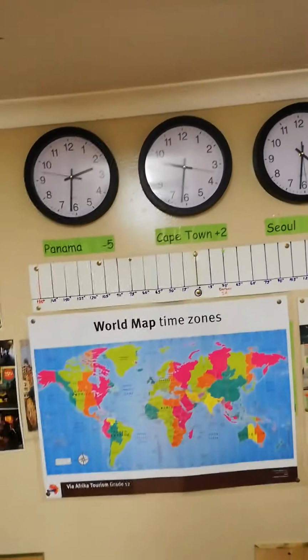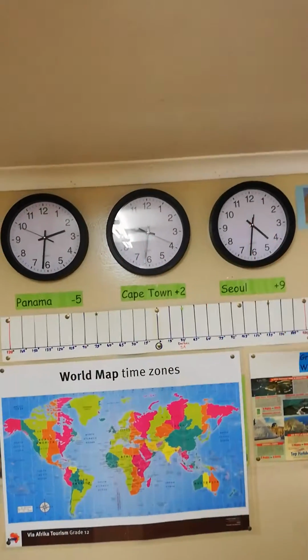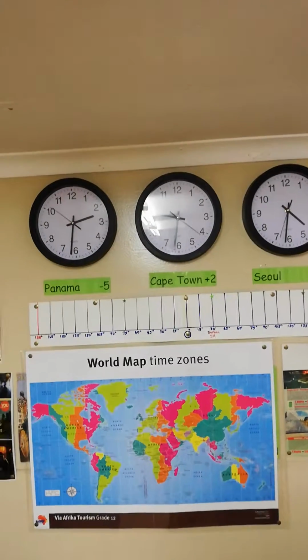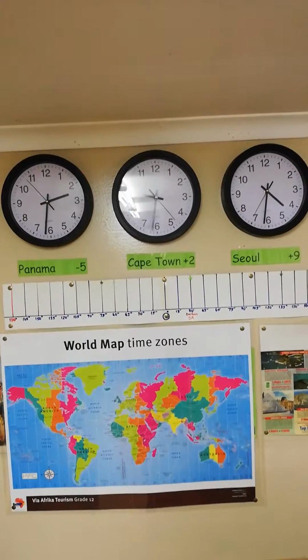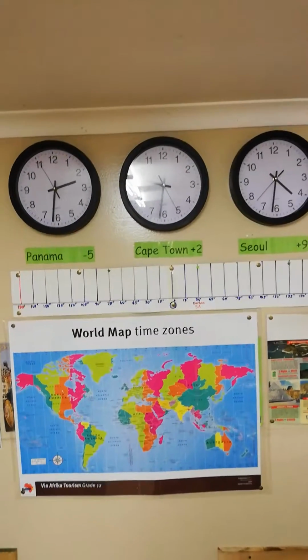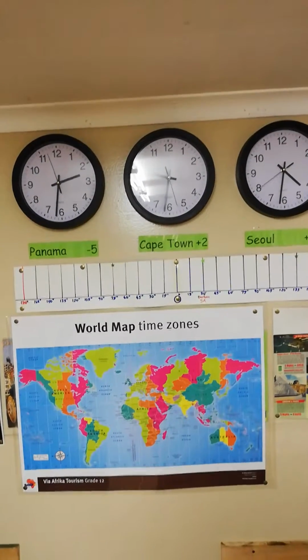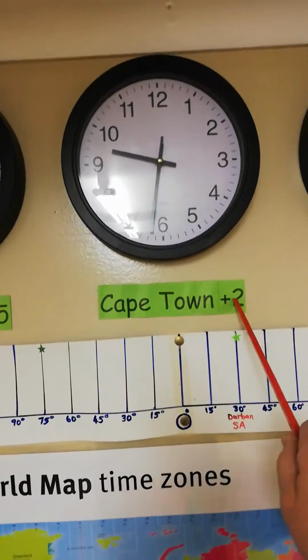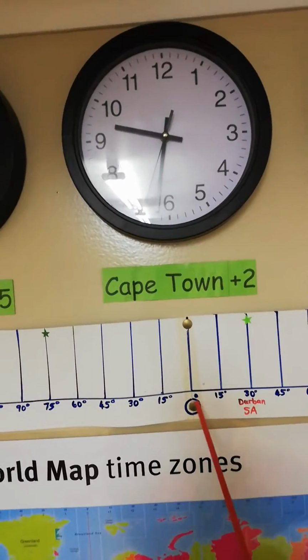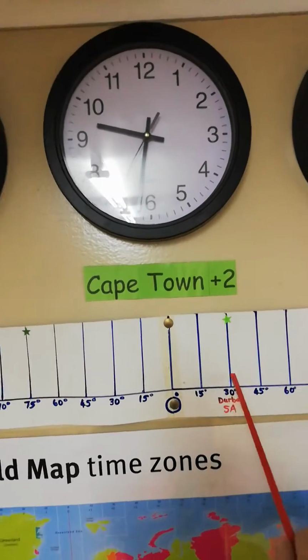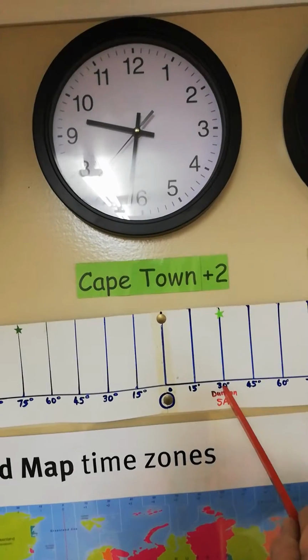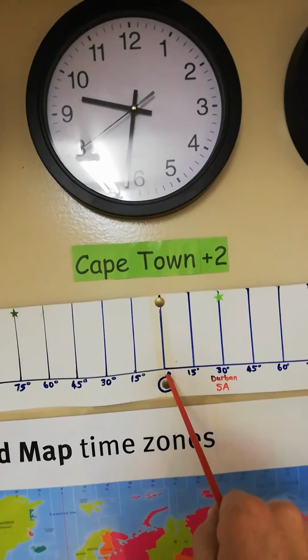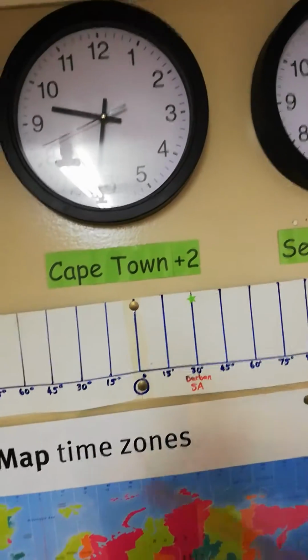You'll see I have 3 clocks at the top indicating different times at international venues. We have Cape Town there in the middle. We are at the +2 timeline, which is 1, 2 east of the international timeline.